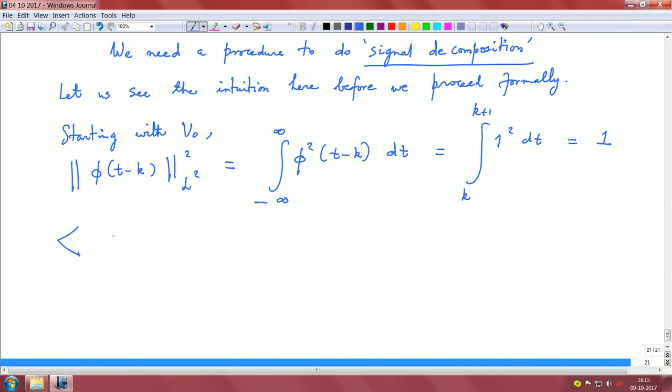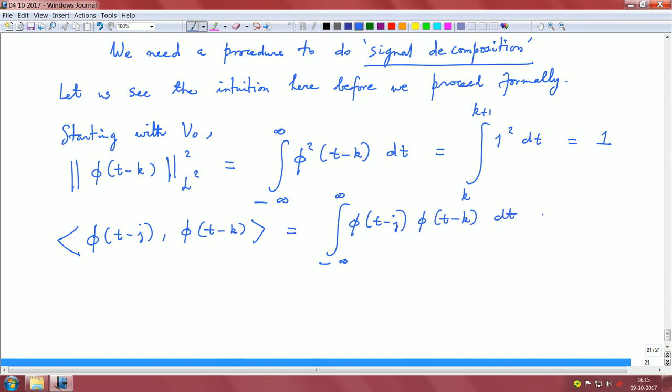And if you take the inner product of phi of t minus j with phi of t minus k, this is basically given by this integral, which is 0 for j not equal to k. If j equals k, of course it is 1. So, how do you visualize this?